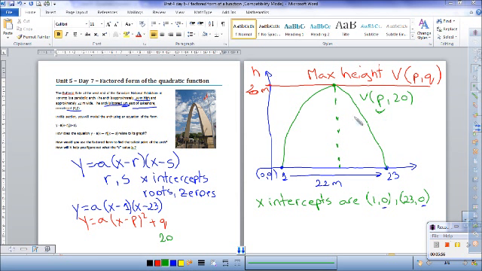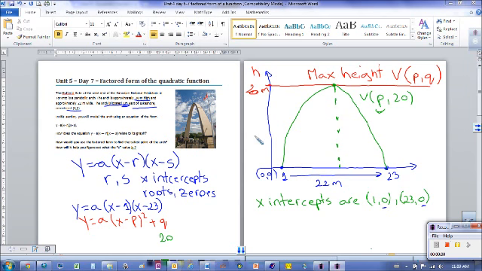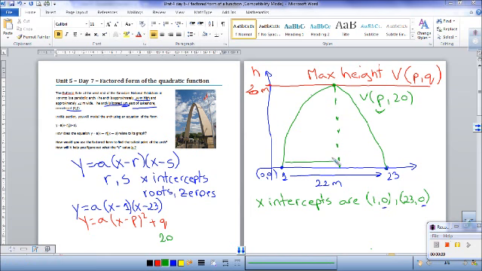Now, how would we be able to find the P when all I know is the two x-intercepts on either side of that parabola? Well, the distance from 1 to the middle, knowing that the parabola is symmetrical, should be the same distance from the middle to the 23.